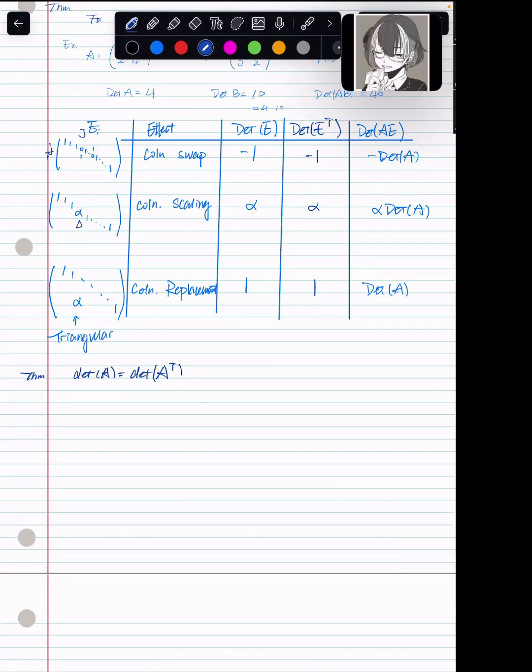Since alpha is on the diagonal, its index would be k comma k, and the transpose of this matrix would be the same because you just swap the row and column. The alpha would stay in the same place.